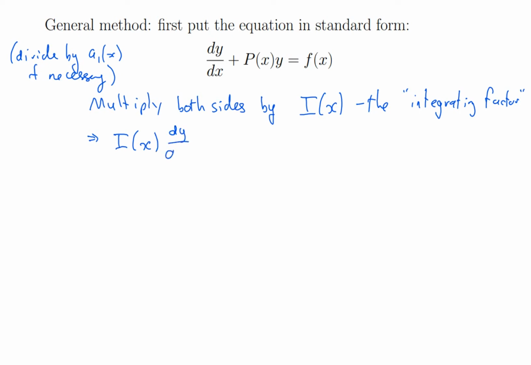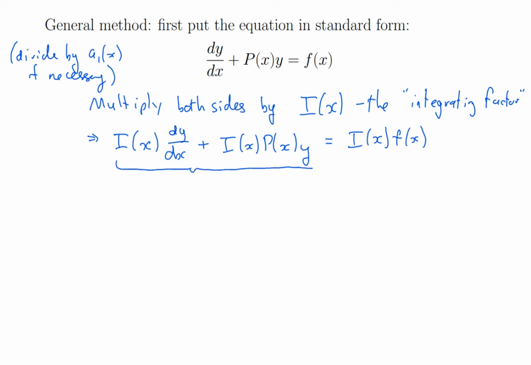So I get I of x dy dx plus I of x p of x y is equal to I of x f of x. And I want the left-hand side to be the derivative of something. What should that something be? Well, if you remember the previous example, it was the derivative of I times y.